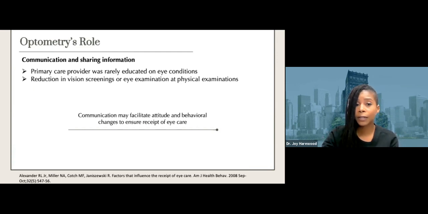Perhaps there's an opportunity when it comes to primary care providers as a way to help people know how important it is to get preventative eye care. And disseminating that information from your primary care doctor, since people really trust their primary care doctor, may help facilitate better beliefs and attitudes towards eye care and knowing how important it is in terms of your health.